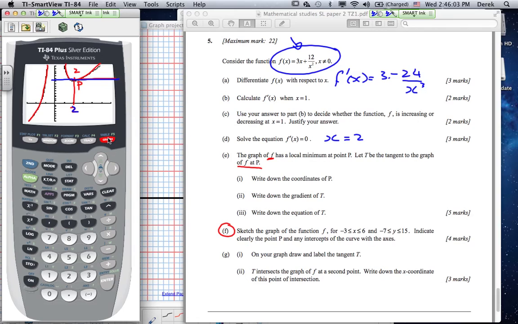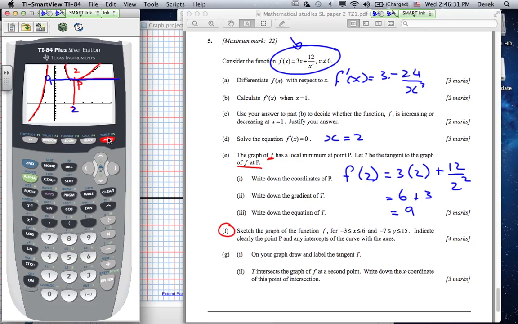So I'm going to have to find f of 2, which is 3 times 2 plus 12 over 2 squared. So we get 3 times 2 is 6, plus 2 squared is 4, divided into 12, that's going to be 3, so it's going to equal 9. So this value over there would equal 9.